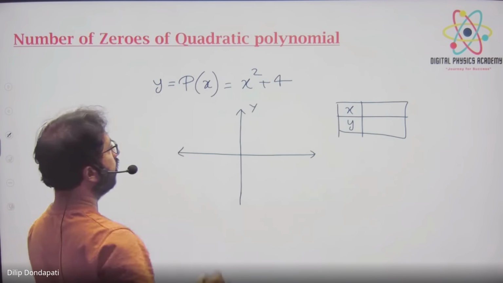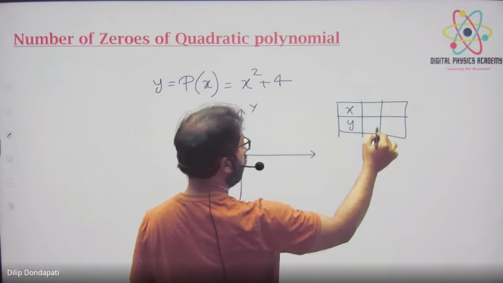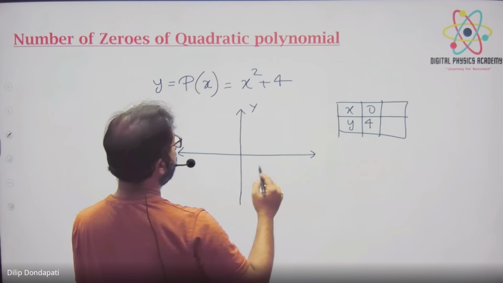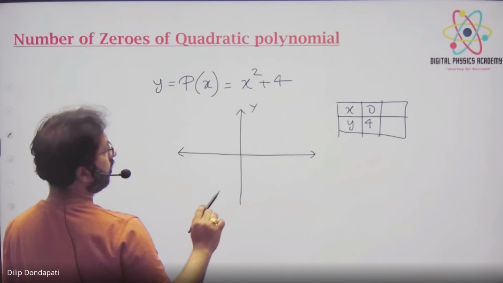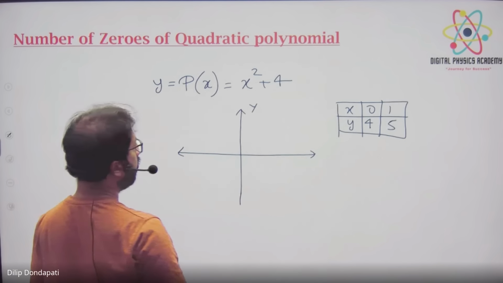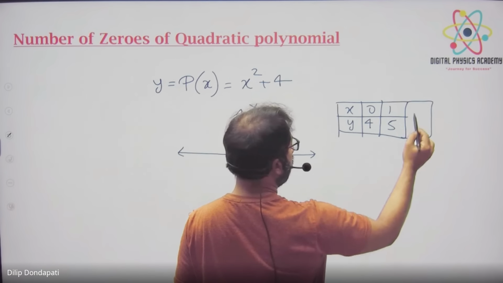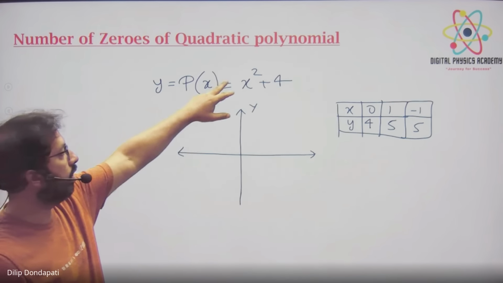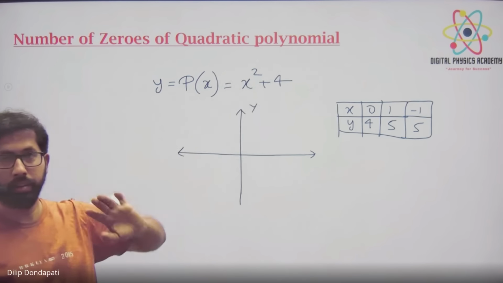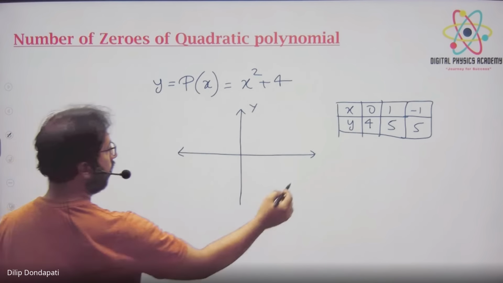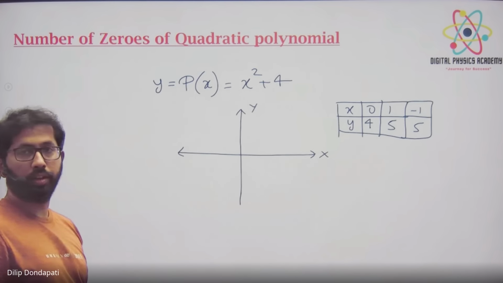If x is equal to 0, y equals 4. If y equals 0, it is not defined. So x equal to 1, 5. Taking -1, -1 whole square, 1 plus 4, 5. Now plot and tell me how many zeros there are.